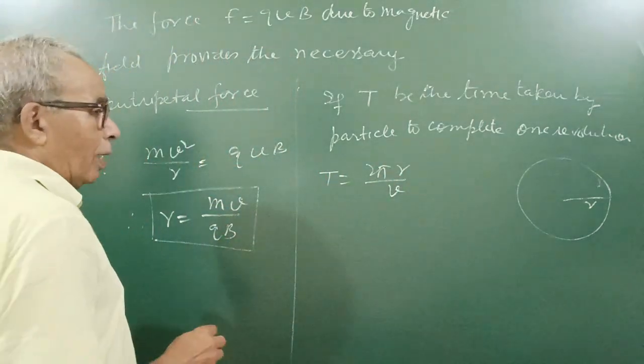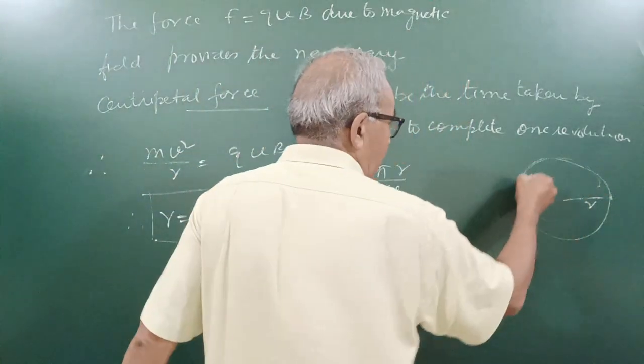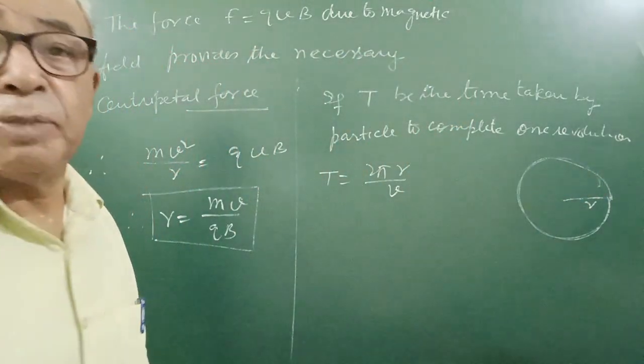T equals the total distance traveled, 2 pi r, upon velocity v, since time equals distance upon speed.